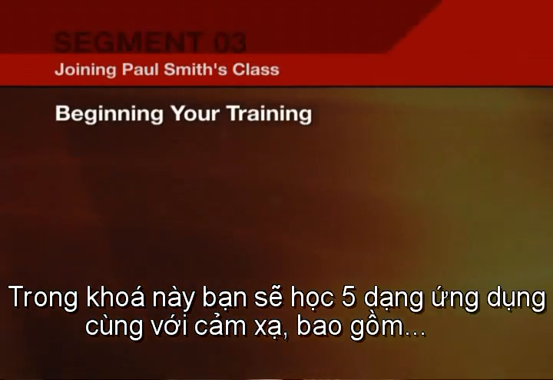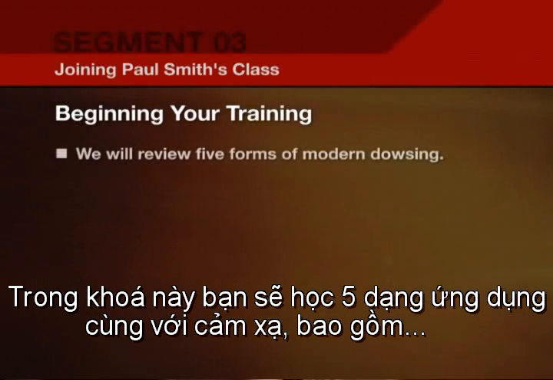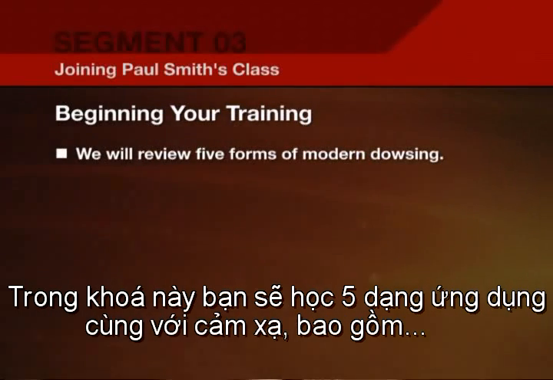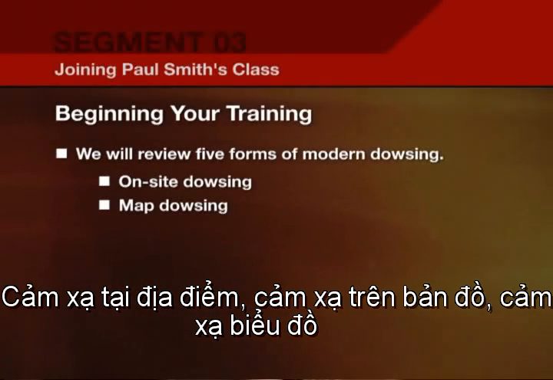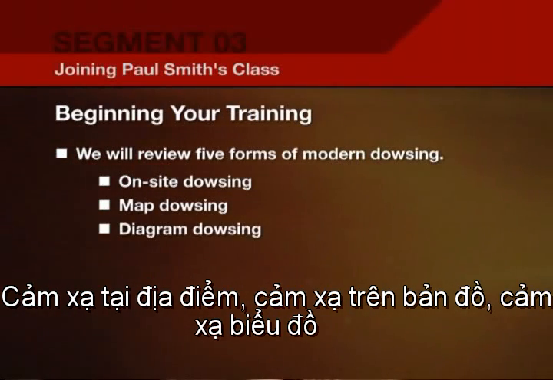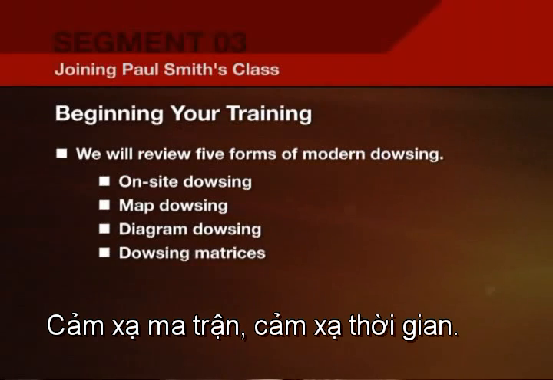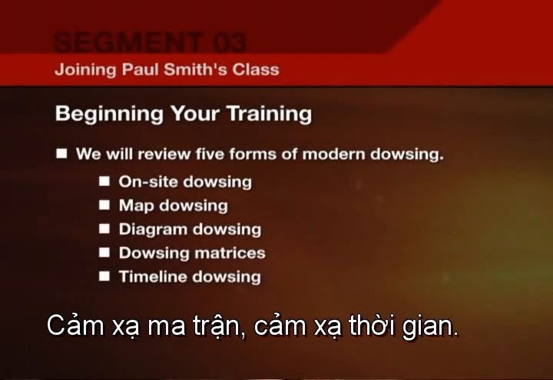Throughout the Learn Dowsing training set, we will review the processes and protocols utilized for 5 different forms of modern dowsing, which include on-site dowsing, map dowsing, diagram dowsing, dowsing matrices, and timeline dowsing.